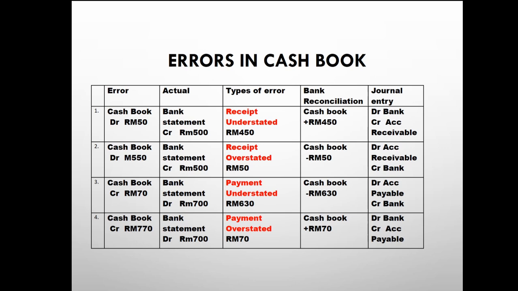Number 4, the bank statement shows debit RM700, but the business made a mistake and credited RM770. This one we call payment overstated. We have to make a bank reconciliation by adding 70 in the cash book part.